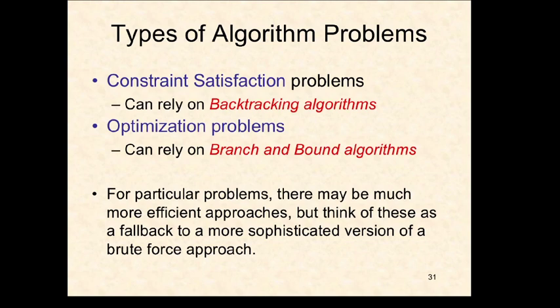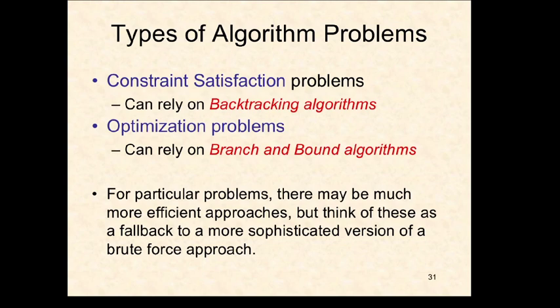So for example, with sorting, we don't need backtracking to do sorting. There are other ways to do sorting that work and are faster than backtracking, because backtracking could take exponential or factorial time. If we've got a better solution that runs faster and gives us a valid solution, we should go with that.